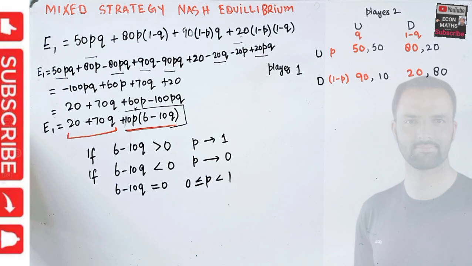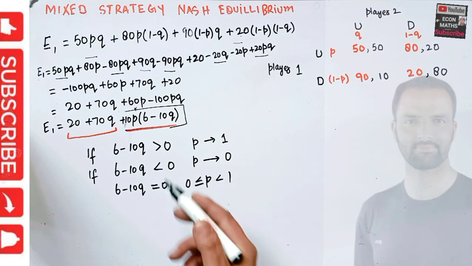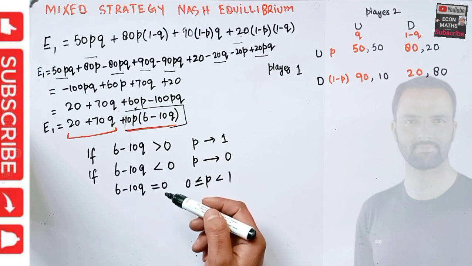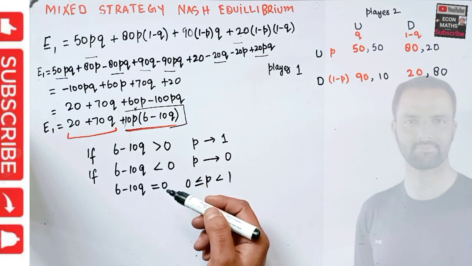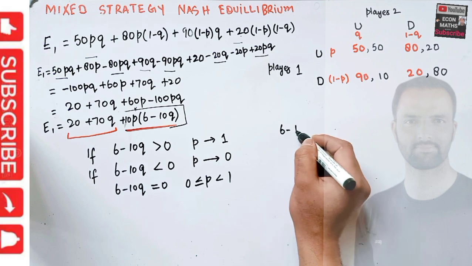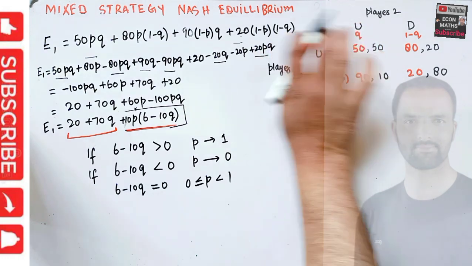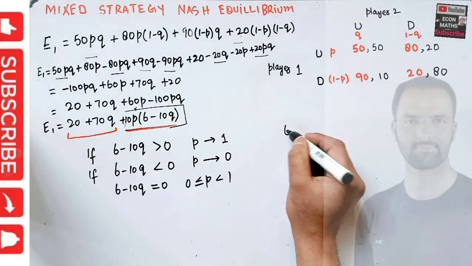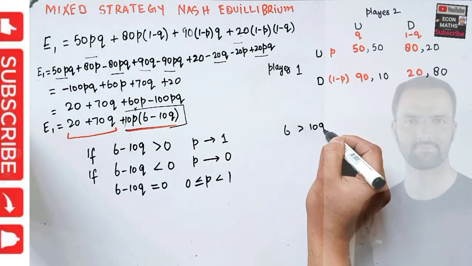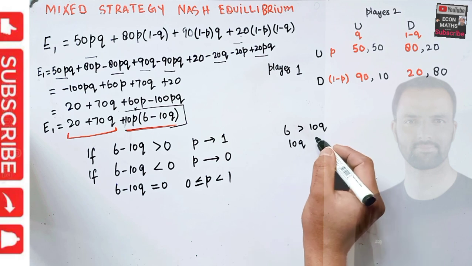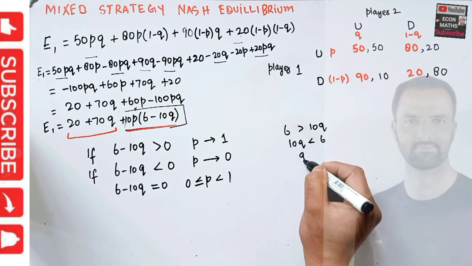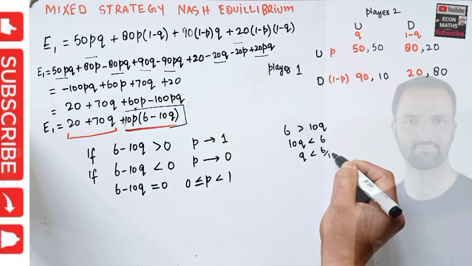Okay, and let's try to write it, further solve this. So we can write it like this. If 6 minus 10q is greater than 0, if we solve this, this means 6 is greater than 10q, which means 10q is less than 6, which means q is less than 6 upon 10.